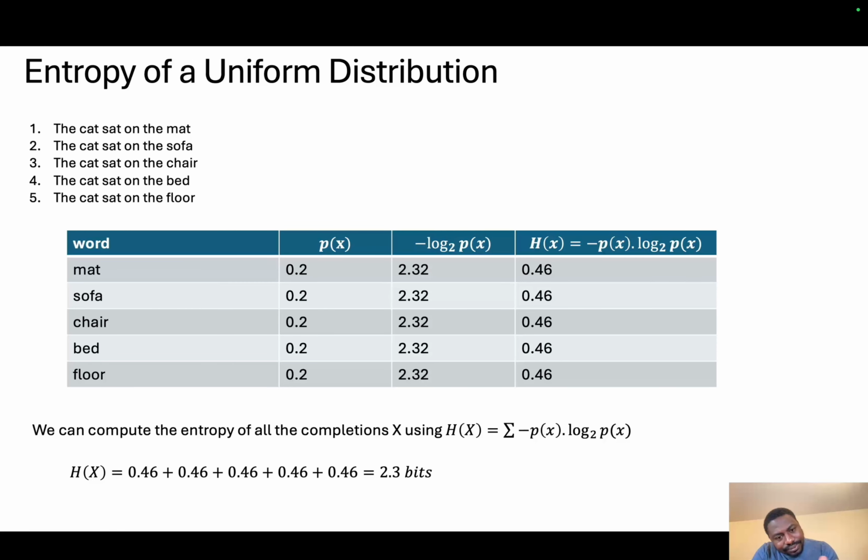In this case we got 0.2 probability and 2.32 as the information content. If you multiply those together, you get 0.46, and so you can then compute the entropy of all completions by summing all of these. So in this case, this gives you 2.3 bits.